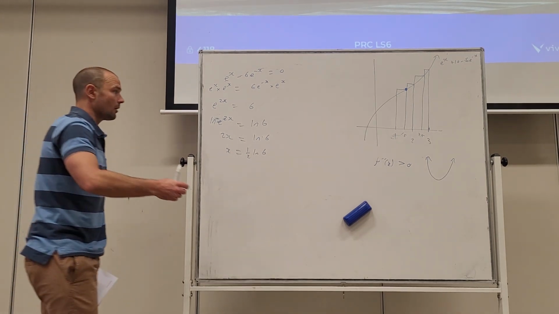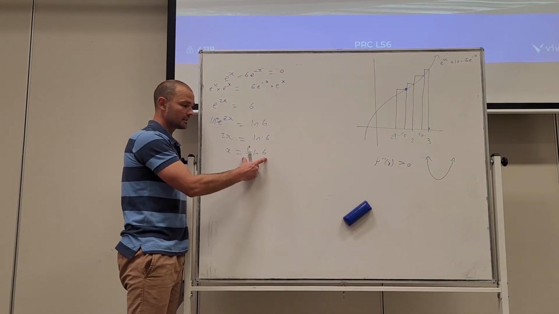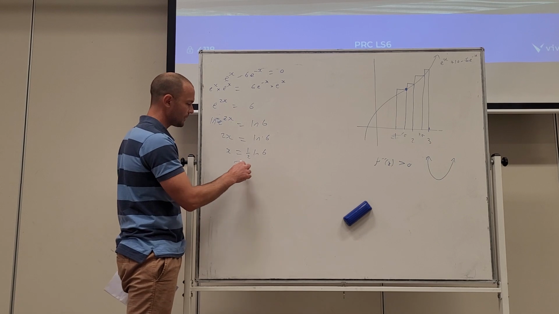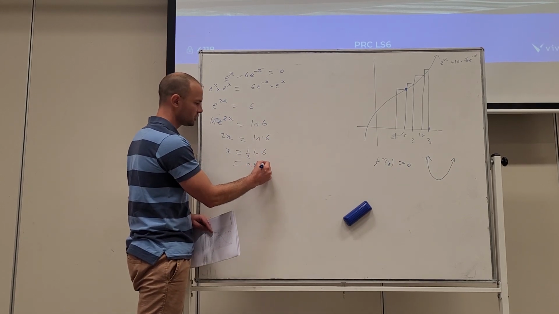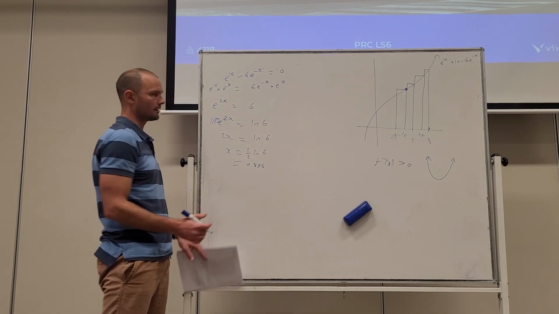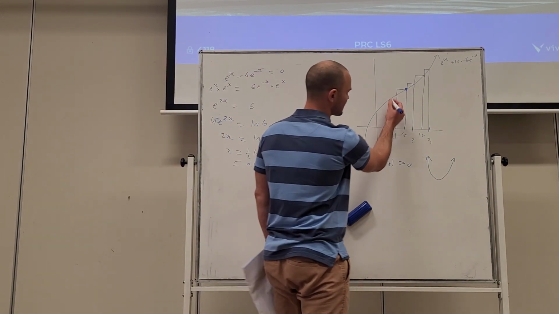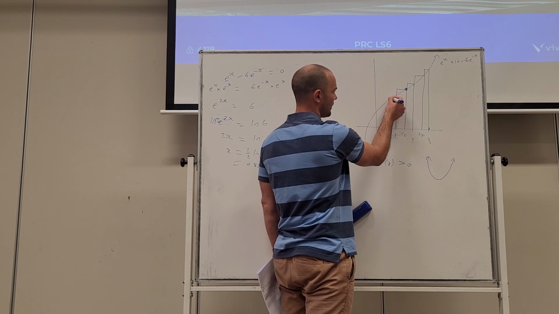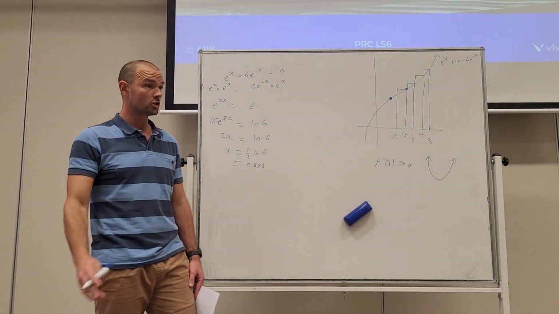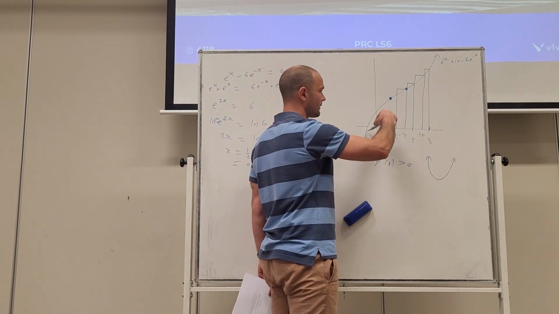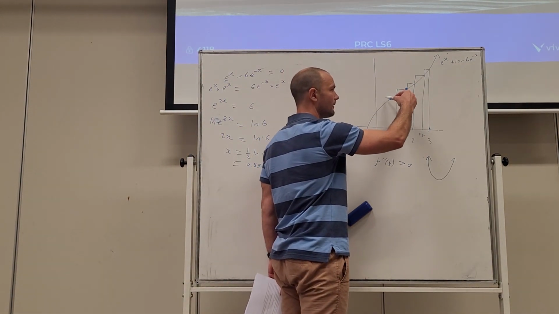Now, we found the second derivative equals 0 here, at half ln6, and we're even told what it is to 3 significant figures: 0.896. You can check you're right by putting that in your calculator and seeing that it's the same. The second derivative equals 0, that's a point of inflection. It changes from being concave down to concave up.